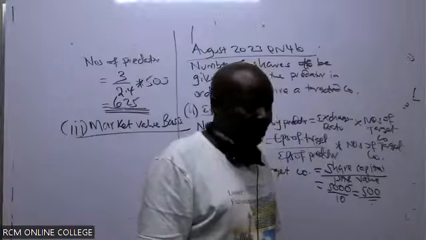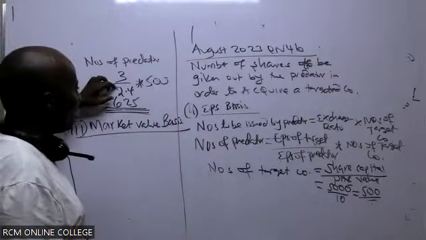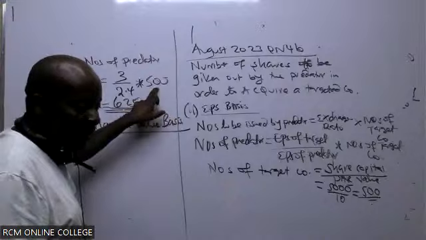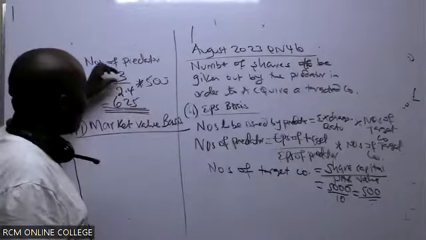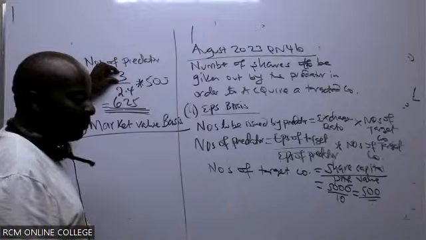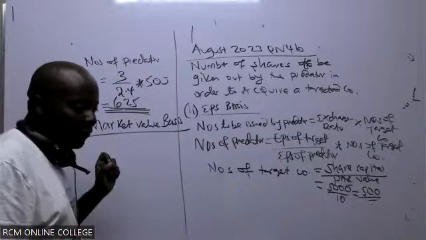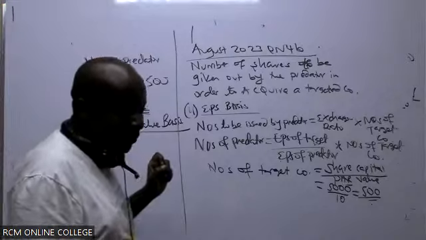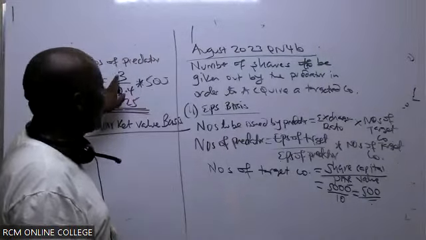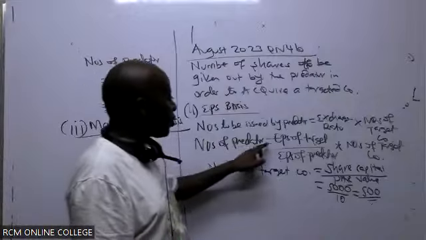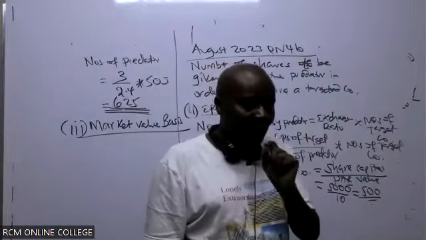How are you getting 625? It is 3 over 2.4 times 500. Thank you for asking that question. Do you see how we got these values? This 3 is the EPS of the target company, Bero.